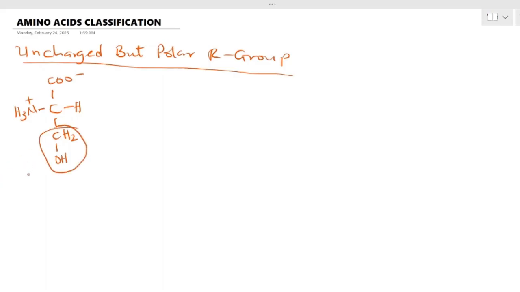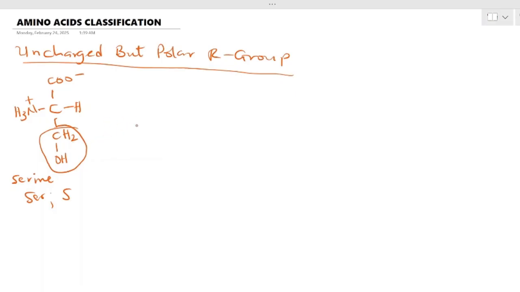The three-letter nomenclature is Ser, and the single letter is S.